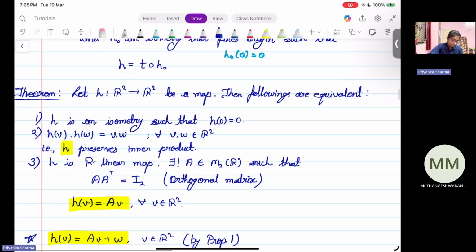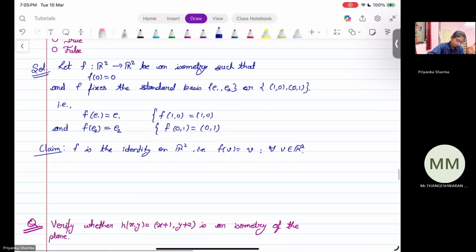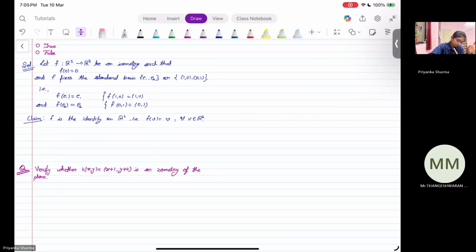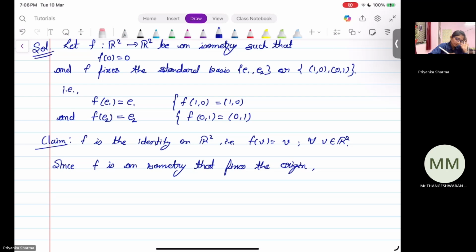Okay, so since F is an isometry that fixes the origin, it preserves the inner product on R square.